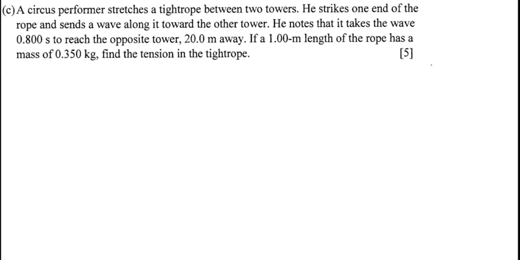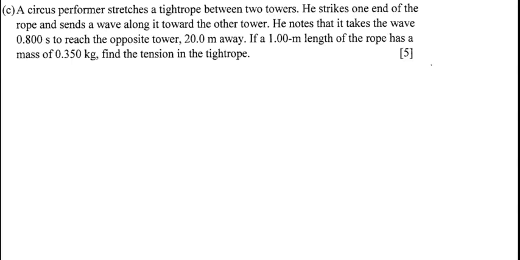It's just basically the same concept here. So the question is, a circus performer stretches a tightrope between 2 towers. He strikes one end of the rope and sends a wave along it toward the other tower.